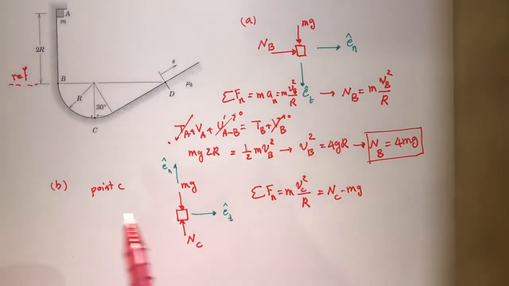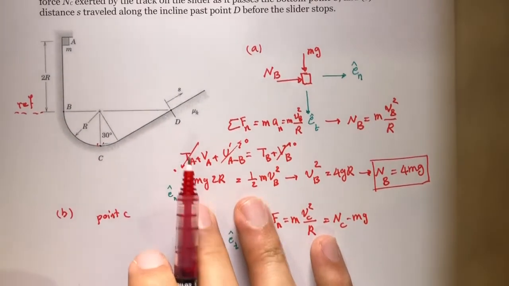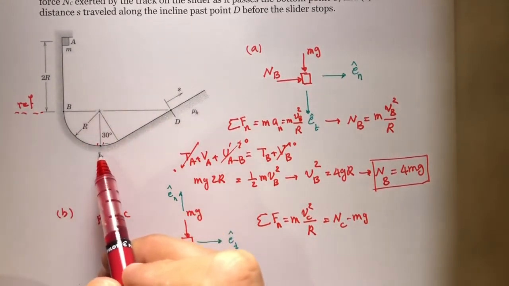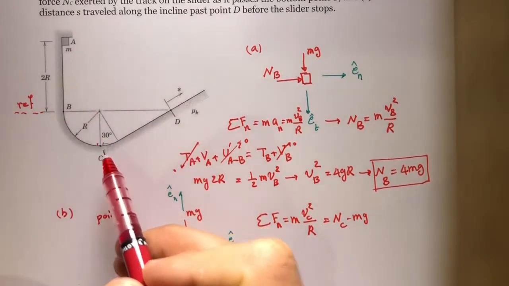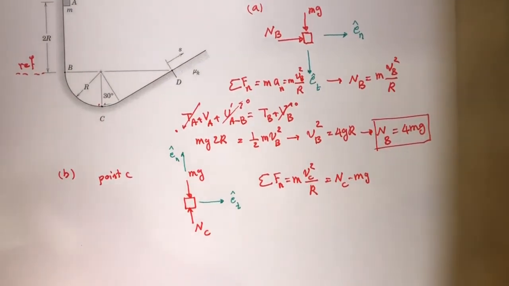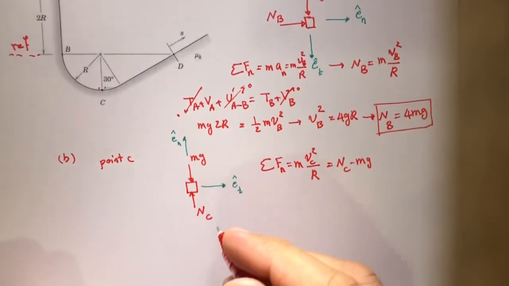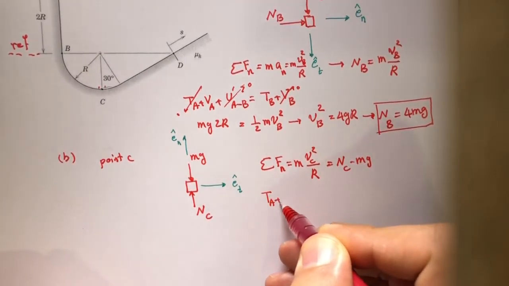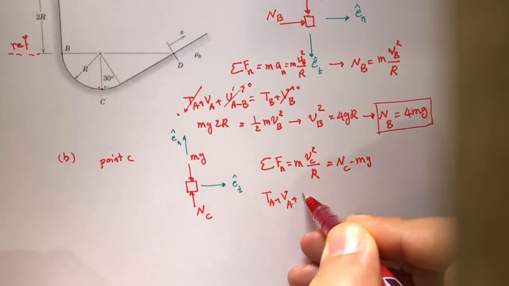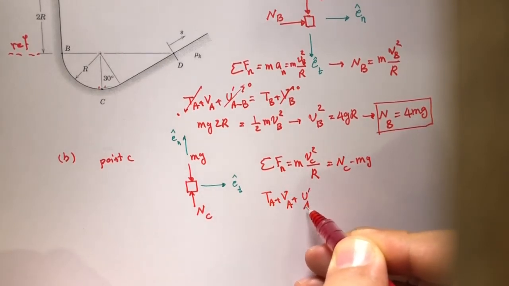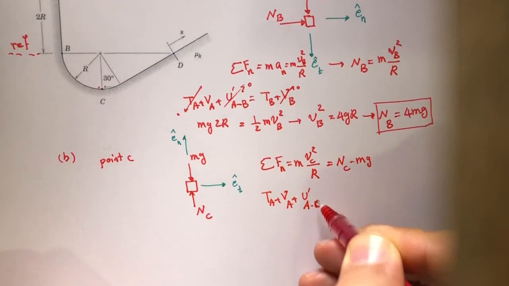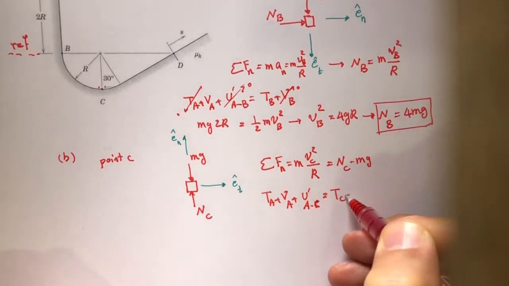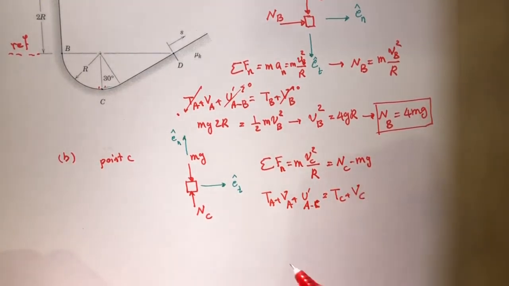To find the velocity here, I can again use work energy equation between B and C, or between A and C. Let's do between A and C. Based on work energy equation, TA plus VA plus U prime from A to C is equal to TC plus VC.